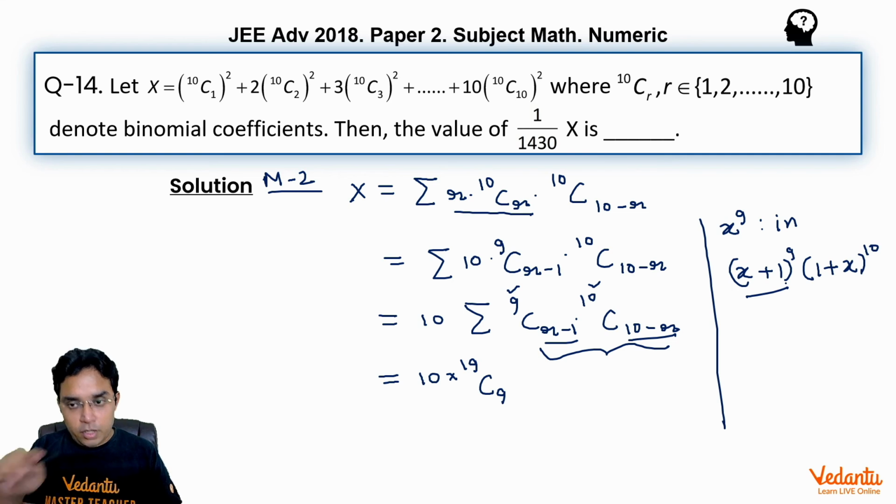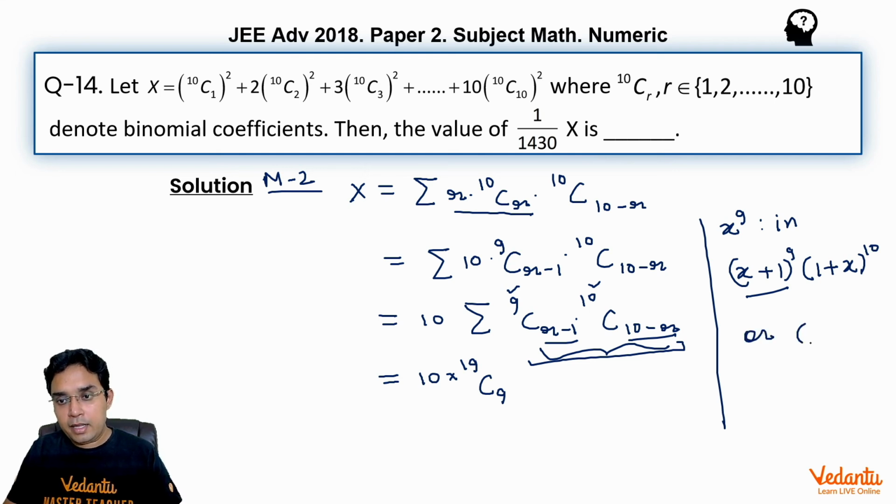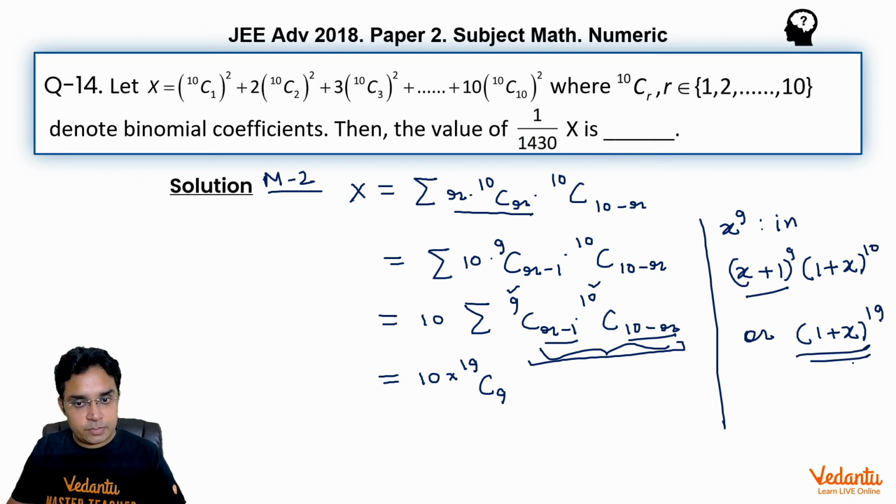If you expand (1 plus x) to the power 10, you will get 11 terms. If you try to find all the terms of x to the power 9, you will get this sum. And this can also be done directly as (1 plus x) to the power 19. From this, if we find the coefficient of x to the power 9, we will get 19C9. So this is how also we get the same thing.